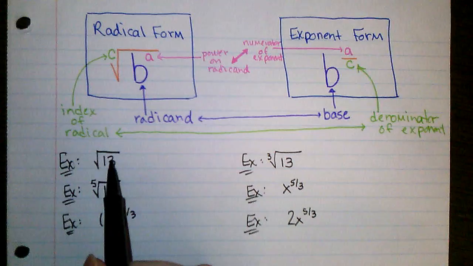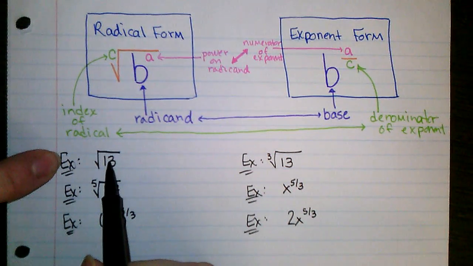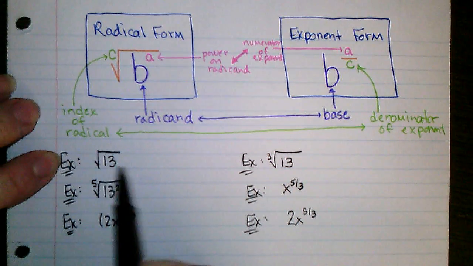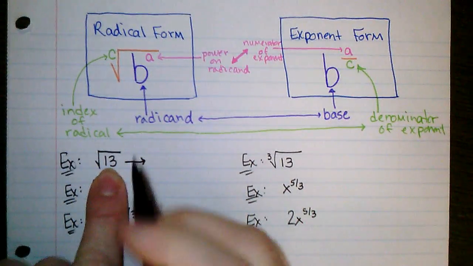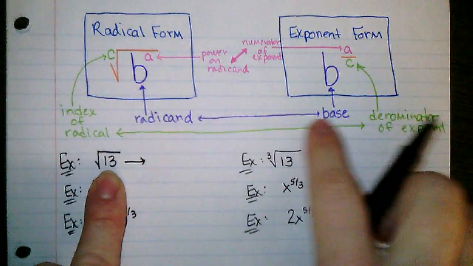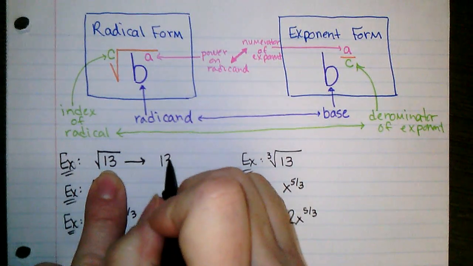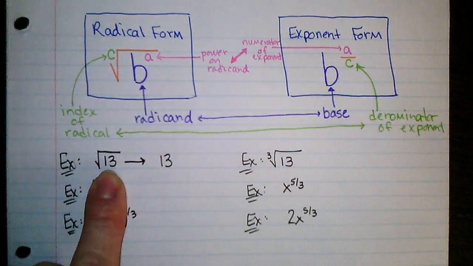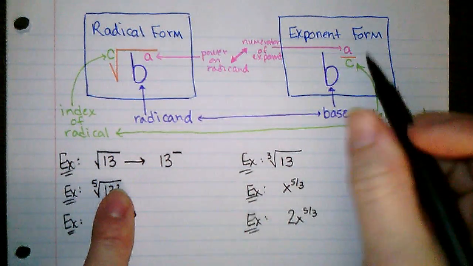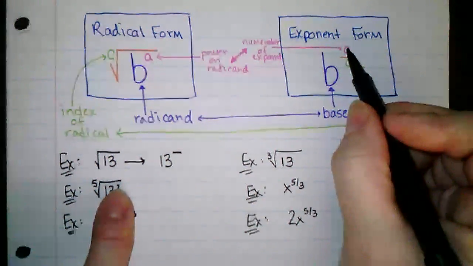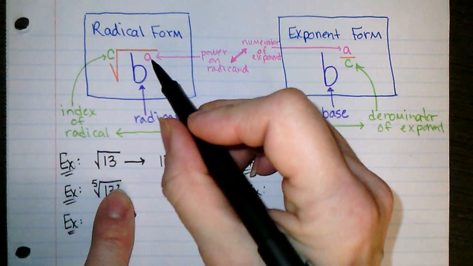So this first one here is in radical form right now. So I'm going to change it to exponent form. So that means I'm going to take the radicand right here, which is 13. The radicand becomes the base. So that's going to be 13, and it's going to be raised to some power. Well, it's going to be a fractional power. Remember, the numerator of the exponent is the power on the radicand.